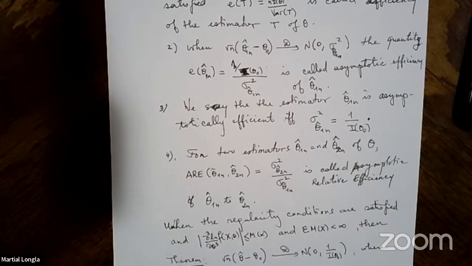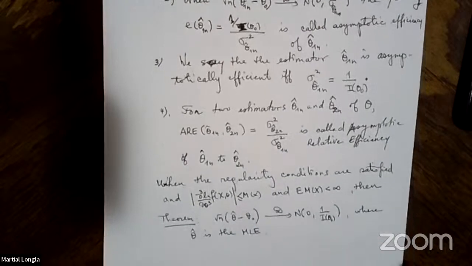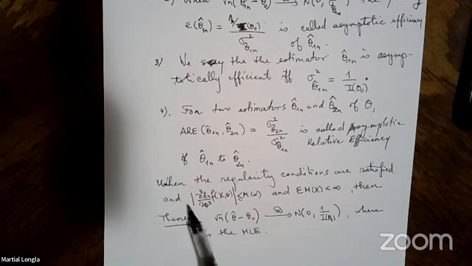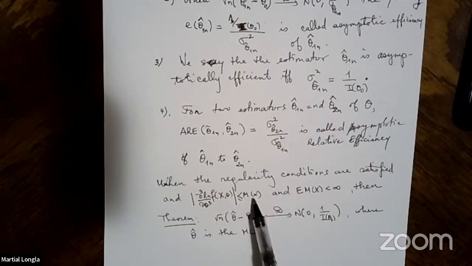So the MLE satisfies the central limit theorem if, on top of all the regularity conditions that we gave before, this extra condition is also satisfied, which means that the third derivative of the natural log of f of theta in absolute value is less than M of x, and the expected value of M of x is finite. Then the MLE is approximately normal, so it satisfies the central limit theorem as n goes to infinity.